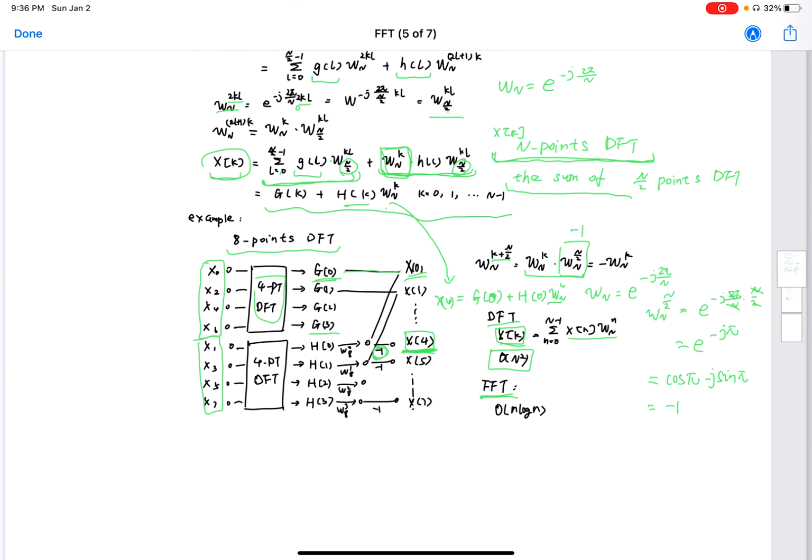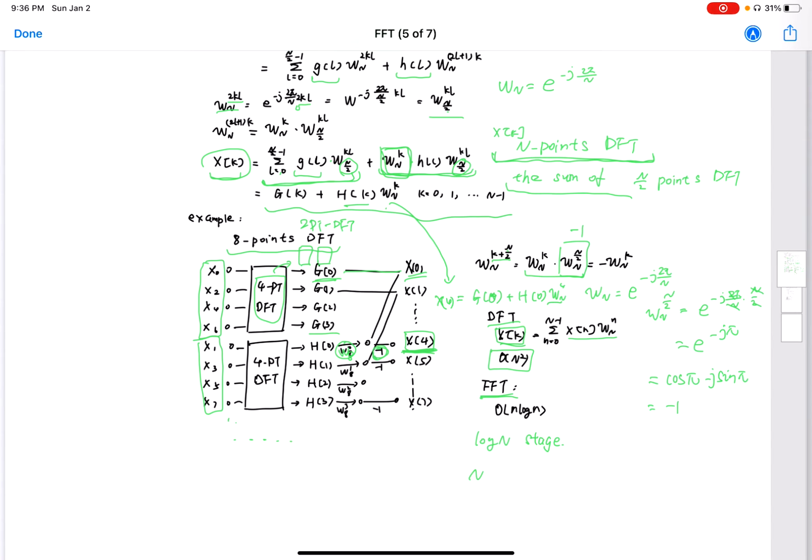But for FFT, we can split the N point DFT further down to 2-point DFTs. So there are actually log N stages in the algorithm, and in each stage we have N multiplications.